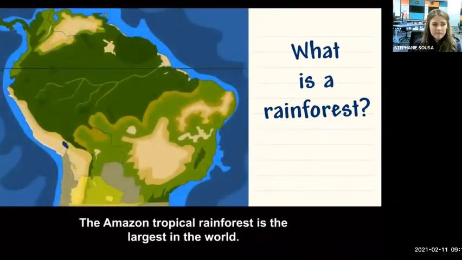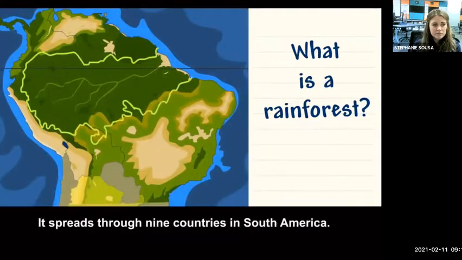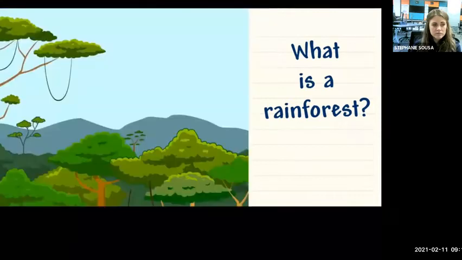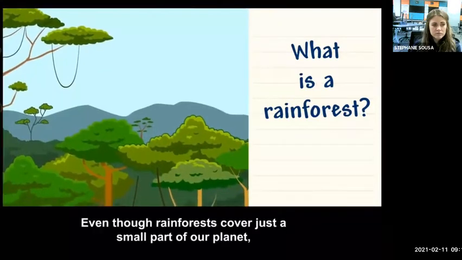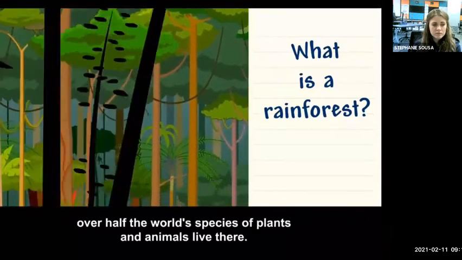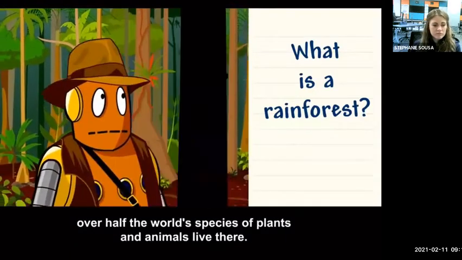The Amazon tropical rainforest is the largest in the world. It spreads through 9 countries in South America. Even though rainforests cover just a small part of our planet, over half the world's species of plants and animals live there.